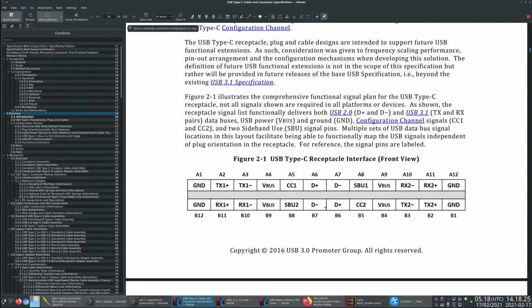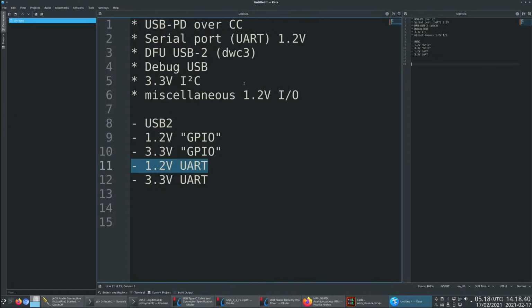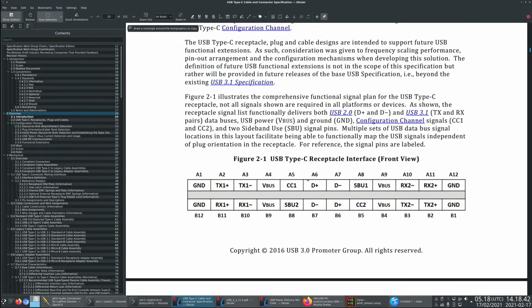But now that we have this idea here, well, first of all, if you have a cable in line between the Mac and the device, if you use a standard cable, you're going to lose one of these D plus D minus sets. So if we want to use both, say, debug USB and DFU USB at once, then we need a special non-standard cable that has both of these. And those do exist. They're kind of expensive to buy, like $30. But I think that's okay.